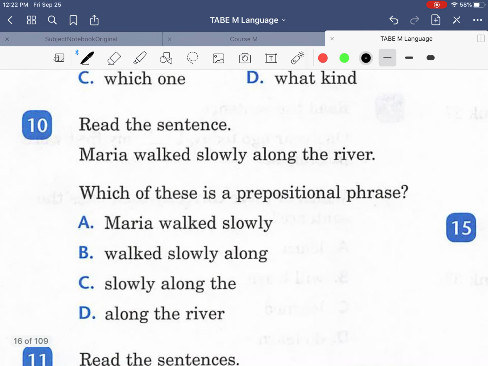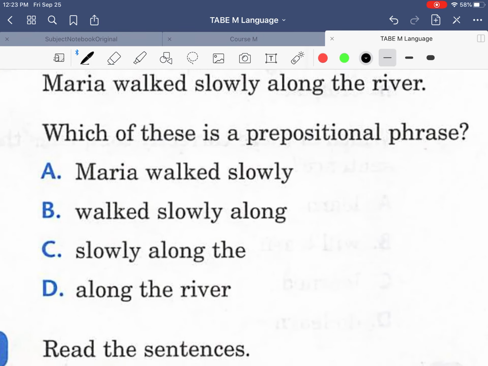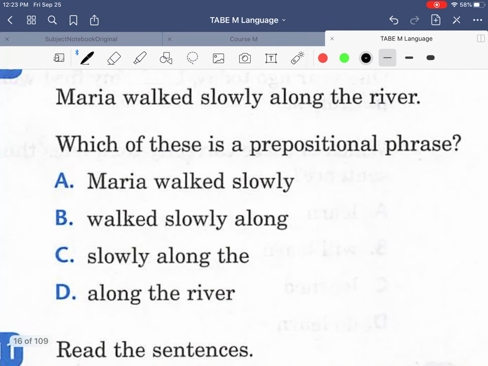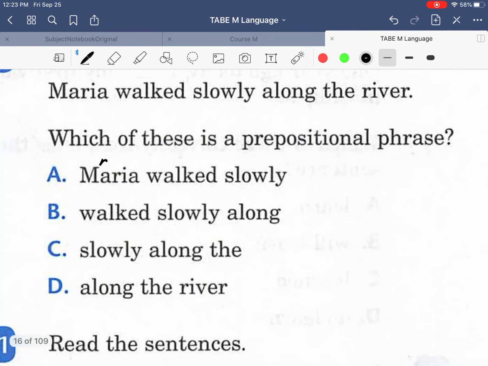Number 10. Read the sentence. Maria walked slowly along the river. Which of these is a prepositional phrase? Where can the mouse go? Maria is a noun. Walked is a verb.